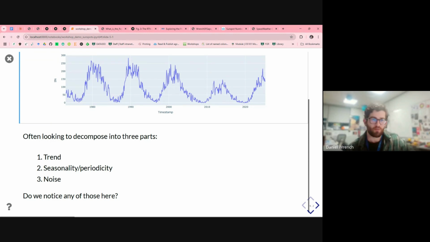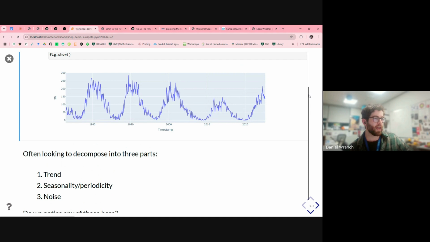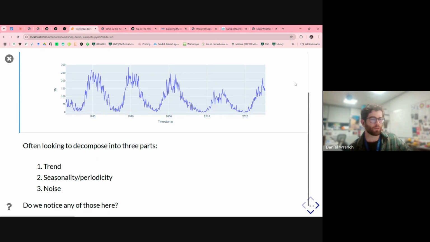So hopefully you would have noticed that seasonality or periodicity, yep, there we go. So periodicity comes through very strongly in this time series. As for a trend, does it look like once we account for that, sunspot numbers tend to be going up or down? If anything, they seem to be going down a bit. If you look at the peaks of those cycles, in particular, the last completed solar cycle was a particularly weak one in terms of sunspot numbers.